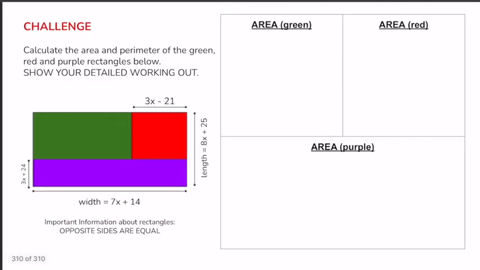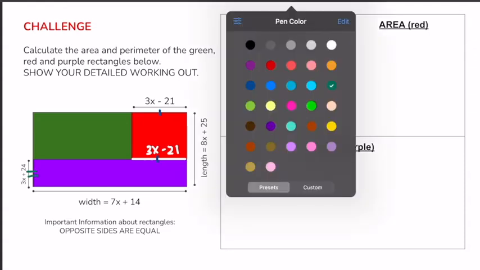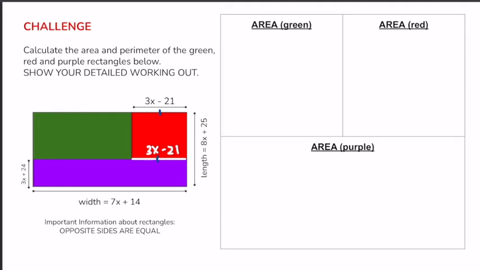So the last one, the challenge, the best way to do this is to actually calculate all the sides. So for example, if you look at this one, we know that the red ones are equal to each other. So this is equal to this. So what does that mean? This side is 3x minus 21. We know that this, let me choose a lighter color, we know that this is equal to this.